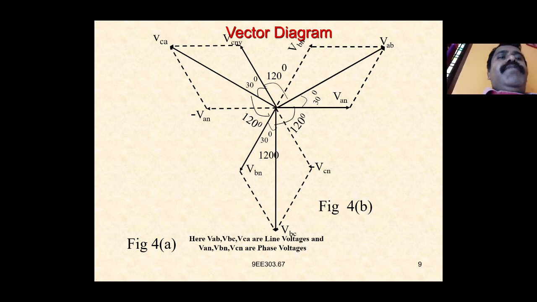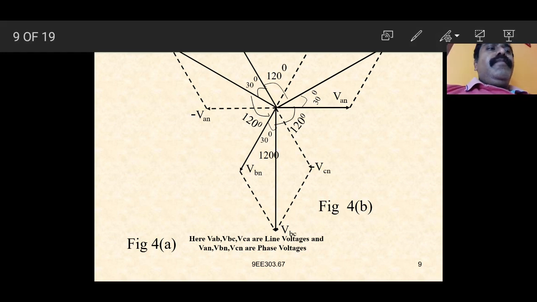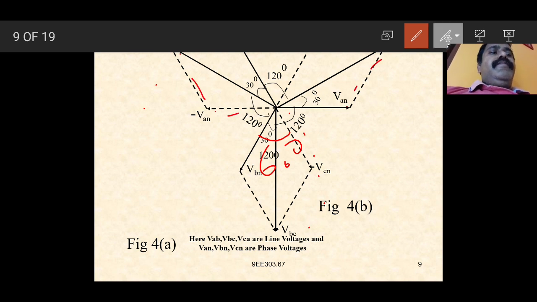In between, this angle is 60 degrees, where the voltage is divided, that is VBC, VBN and minus VCN, given by the dots here.